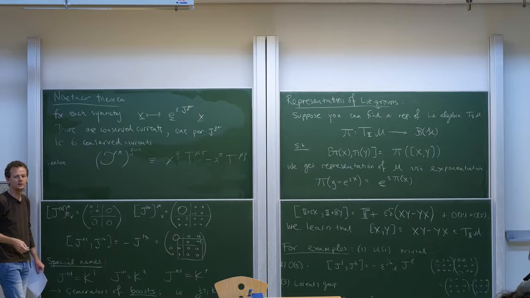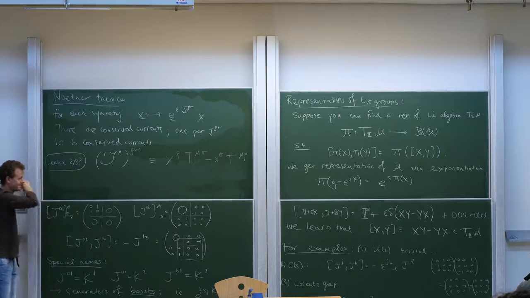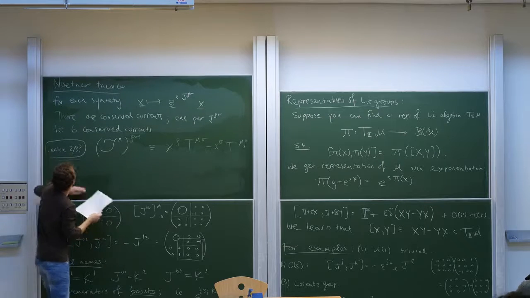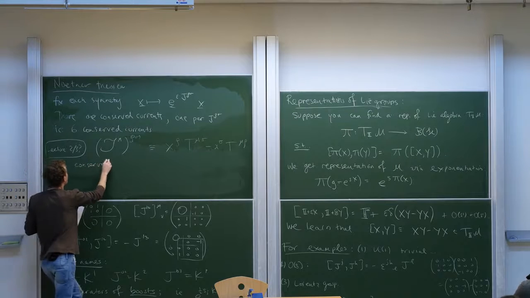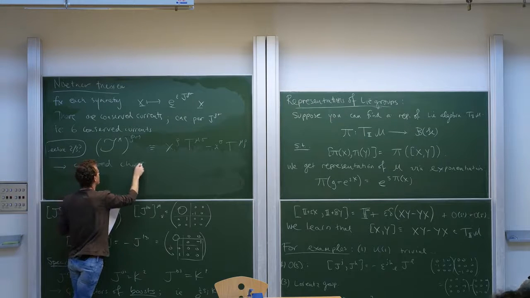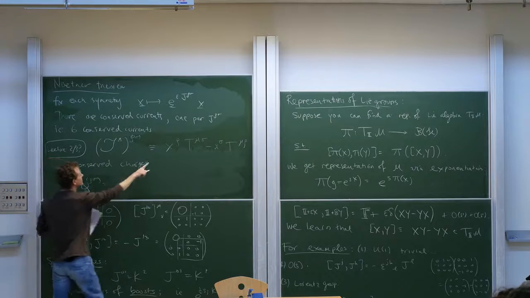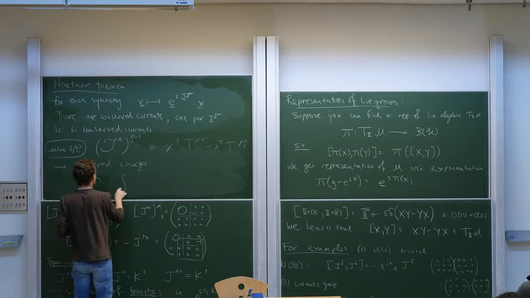Guess it was 2, right? And then this gives us conserved charges. Q rho sigma equals the spatial integral of that expression there.